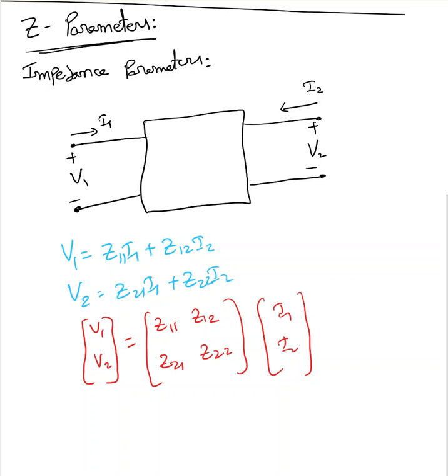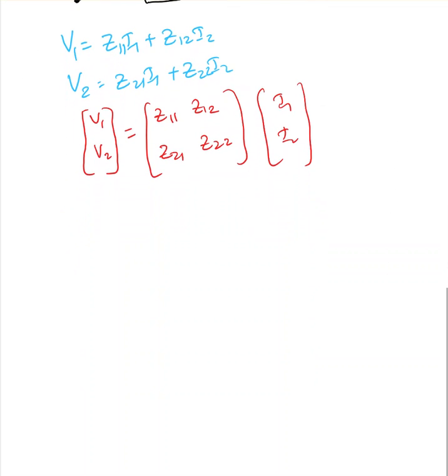Now to find Z11, let me see. If you look at this first equation, how do I get Z11? Can I make this term 0? When is this term going to be 0? When I2 equal to 0. When I2 equal to 0, Z11 equals V1 over I1.